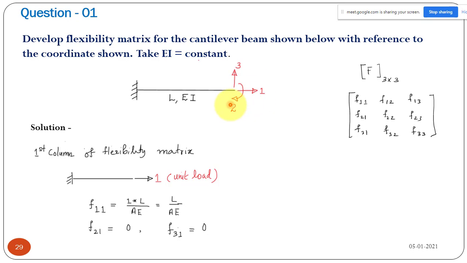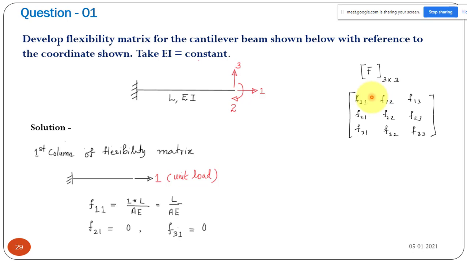What is this coordinate? It corresponds to axial deformation. So you take your cantilever beam and apply a unit axial force, let us say 1 kilonewton or 1 newton, and then you find the displacement. What is F11? Displacement at 1 due to load at 1, that means the corresponding axial deformation.